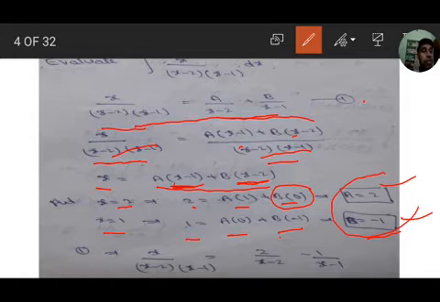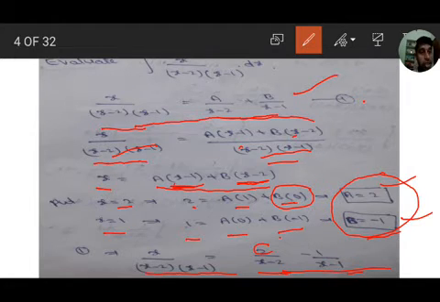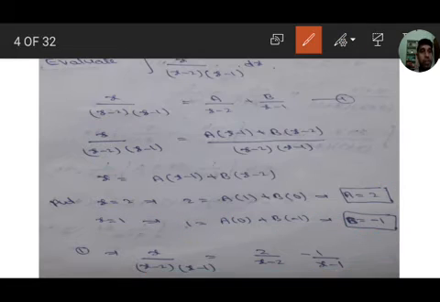Substitute these two values, the A value and B value, in equation 1. So x by (x minus 2) into (x minus 1) equals 2 by x minus 2 minus 1 by x minus 1. Then integrate: here 2 is a coefficient, so 2 will be outside, and the minus 1 is outside.